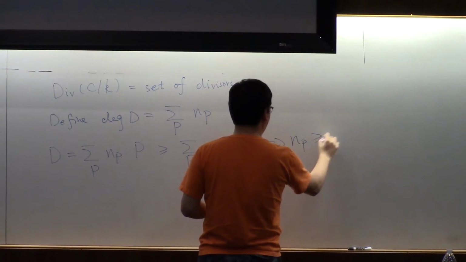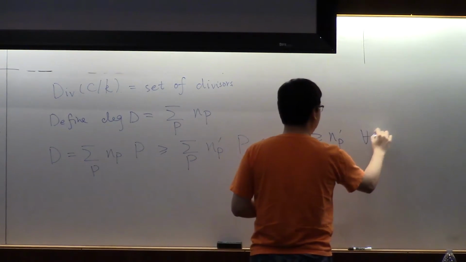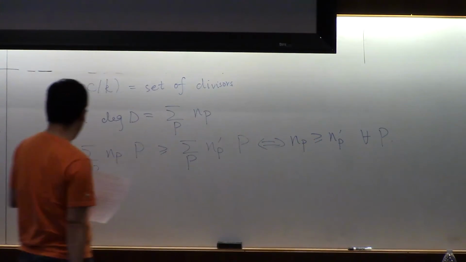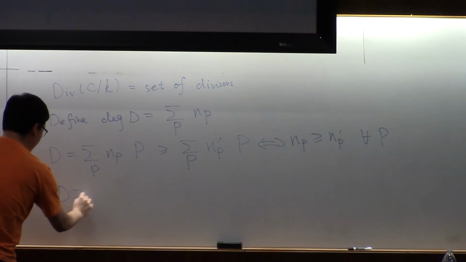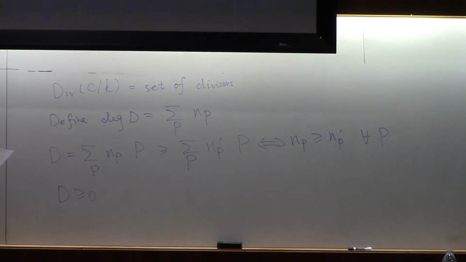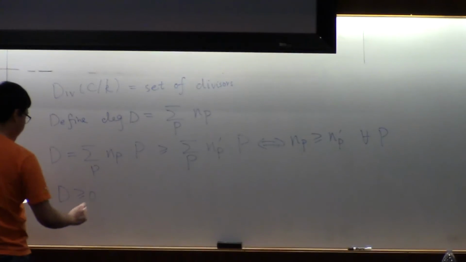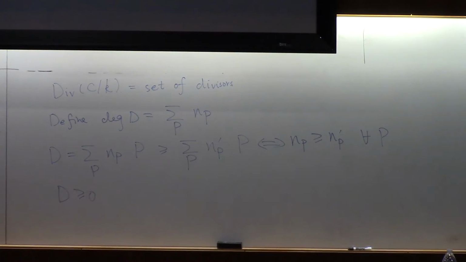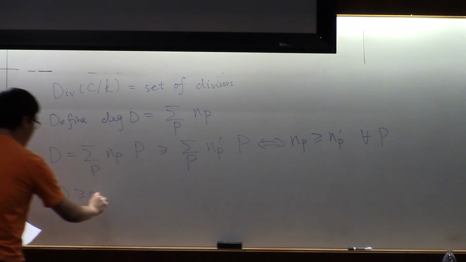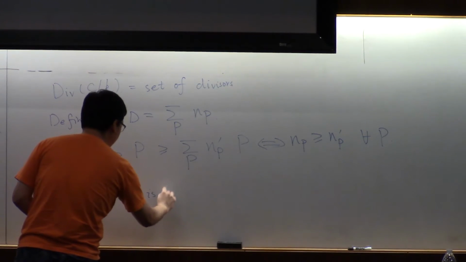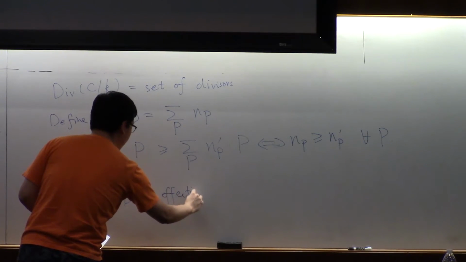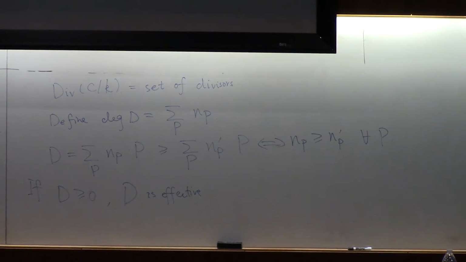And if a divisor is greater than or equal to 0, or in other words, all the coefficients here are non-negative integers, then we say D is effective. Okay, so these are some definitions.